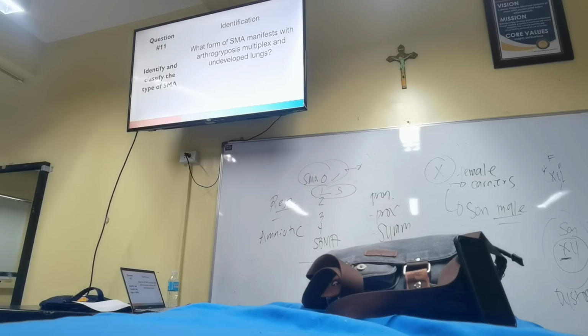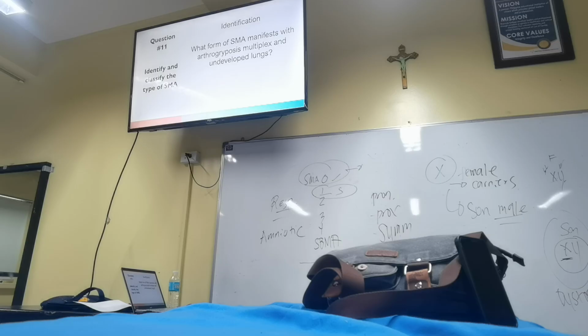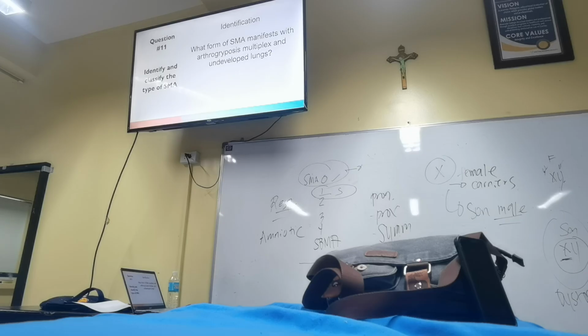Alright, so everybody got it right. SMA 0. SMA 0 will manifest with arthrogryposis and undeveloped lungs, which is hypoplasia of the lungs.